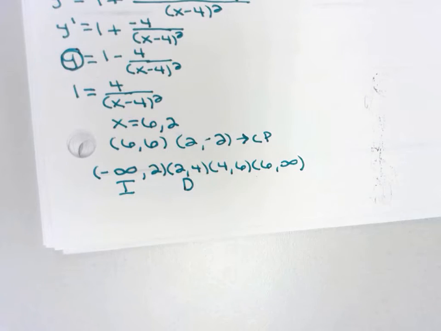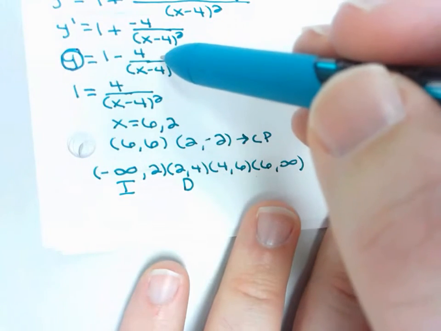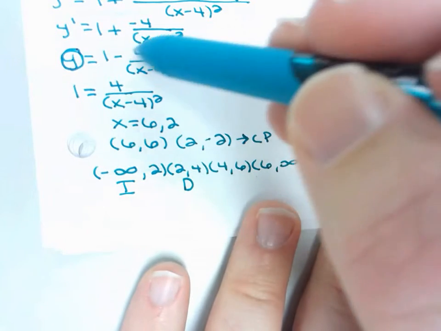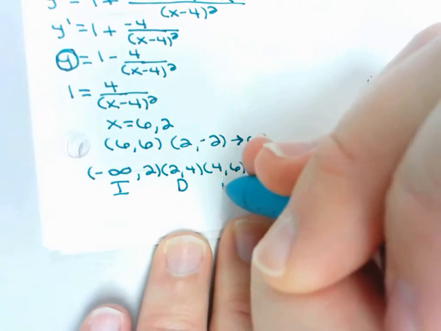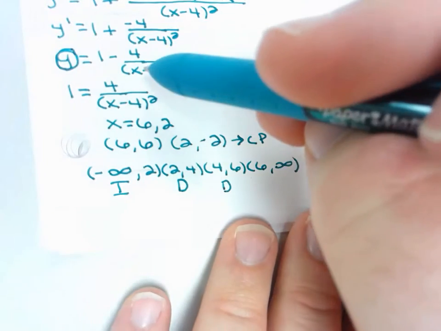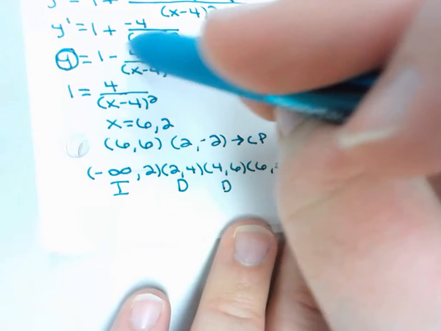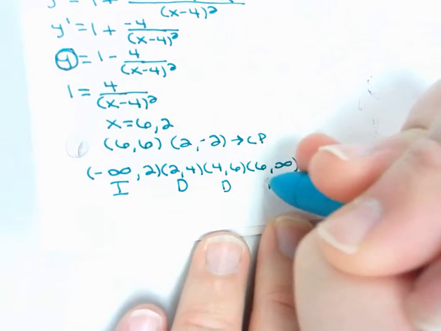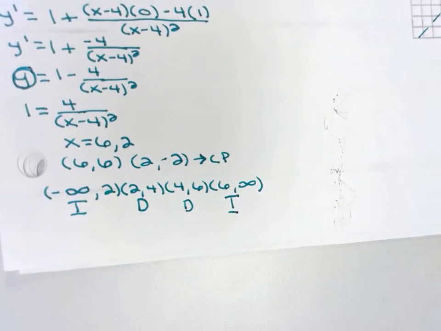If I plug in a 5, that will be 1 squared, so negative 4 over 1. 1 minus 4 is decreasing again. And if I plug in a 7, 3 squared, which is 9, so 1 minus 4/9 is a positive. 1 minus the fraction is always a positive, so that's also increasing. Okay, any questions on that?